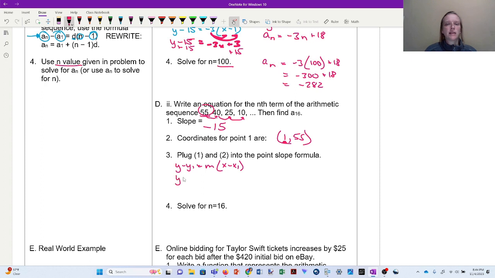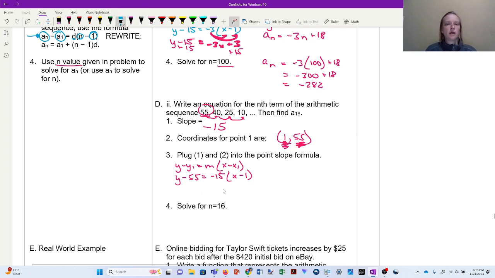My y just stays as the letter y. I subtract 55, the y value from my point. The slope is negative 15. My x stays as an x, but my x1 has a value of 1. And this is an equation, but it's not in a form that I could plug into a calculator or anything like that.